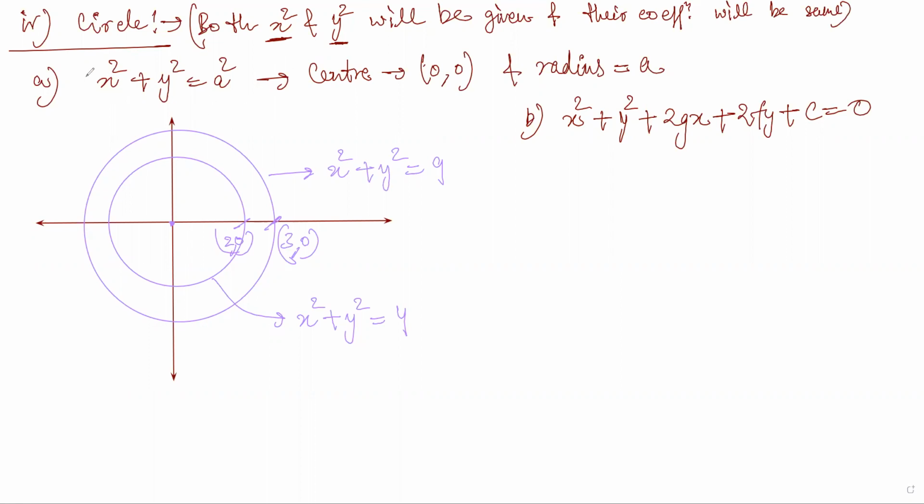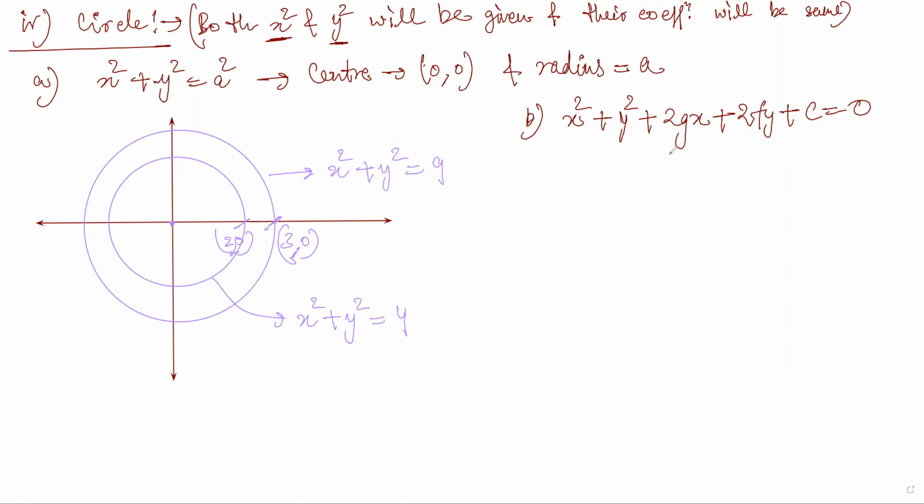For example, in this the coefficient is 1 for both of them. I'm not saying that the coefficient has to be 1. The coefficient can be anything, but it has to be the same for both x square and y square. So if you see x square, y square with the same coefficient, then you know this equation represents a circle.